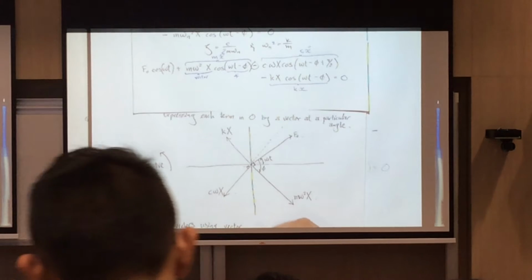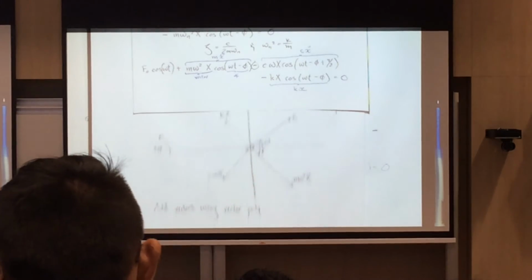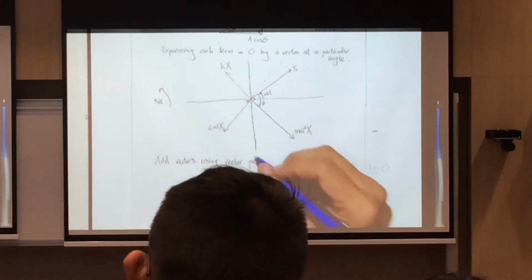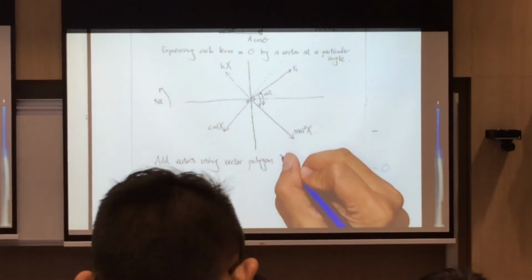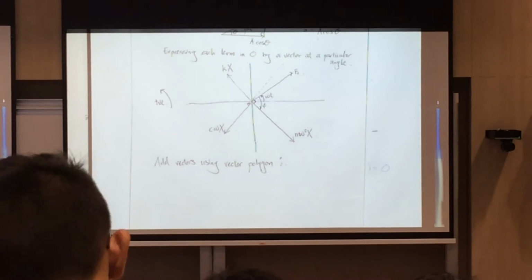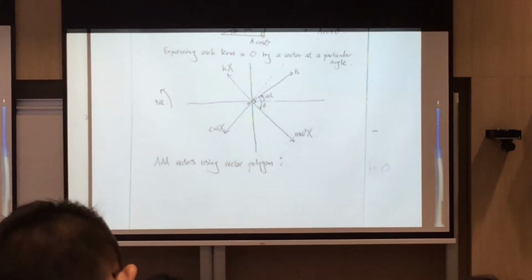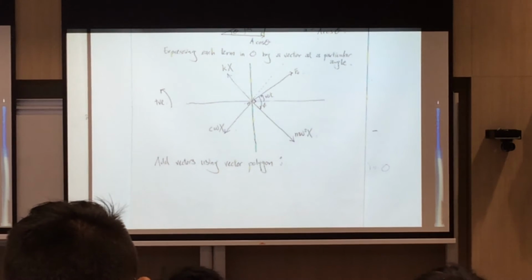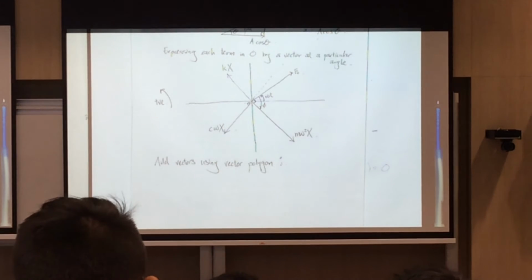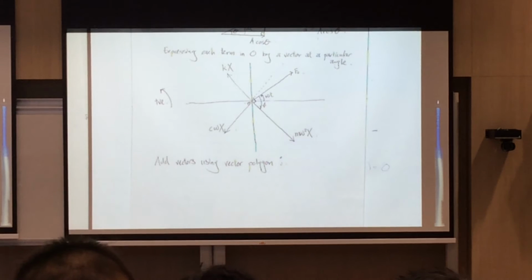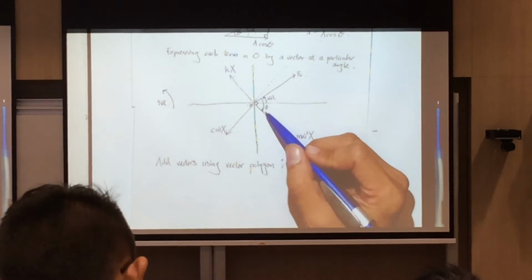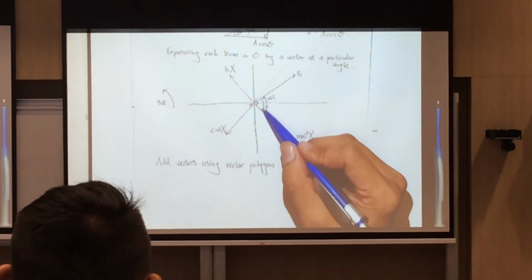So we put them all in a polygon. Phi here, phi is the angle here.